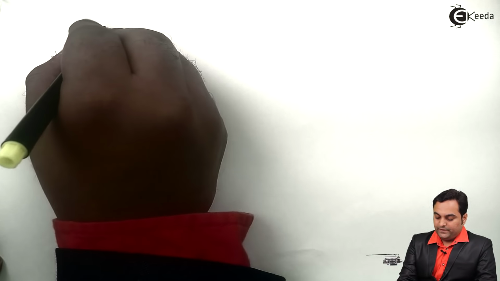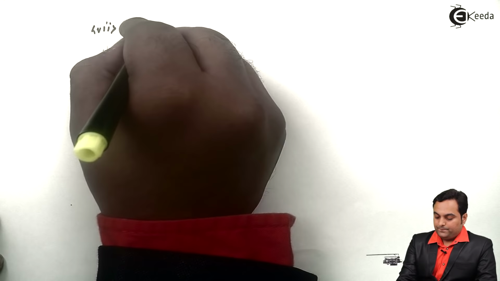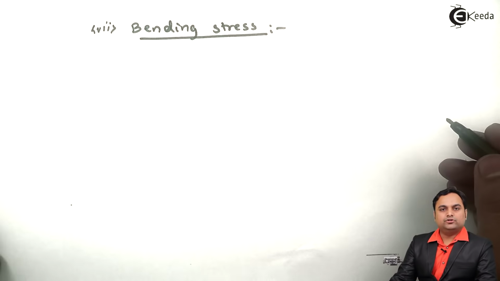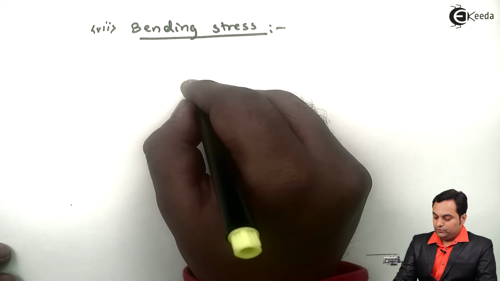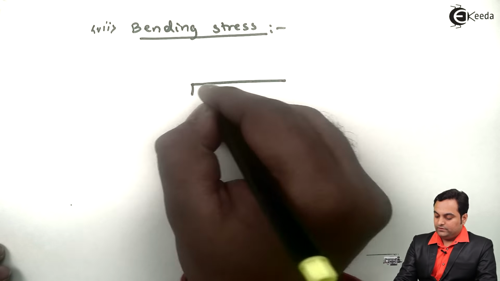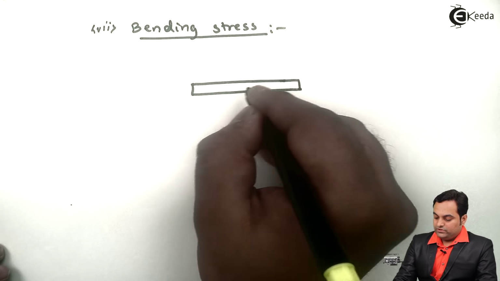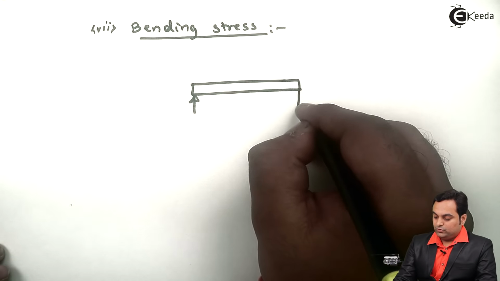Now we have the last kind of stress, that is called bending stress. Bending stress is also simple. For this, suppose we have a beam which is simply supported at its two ends.